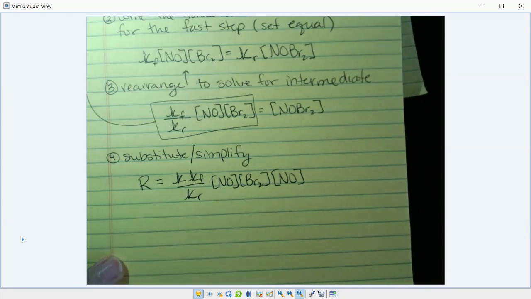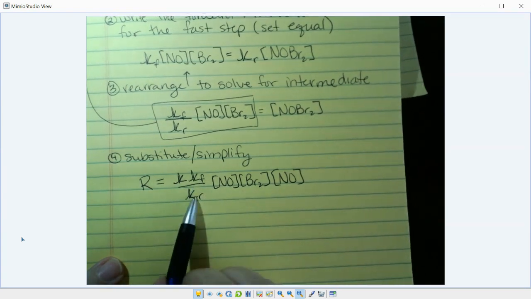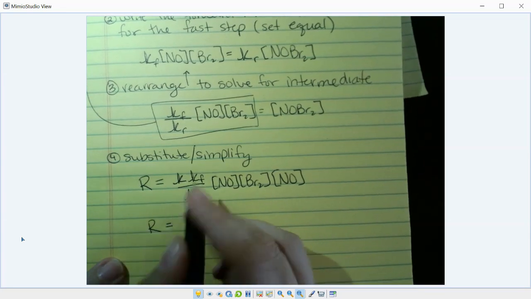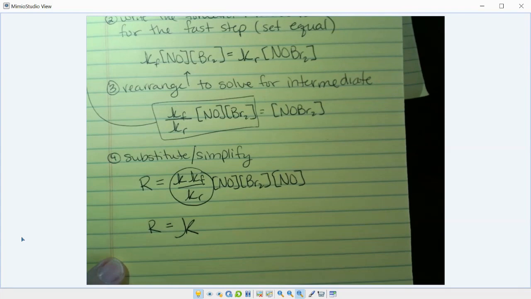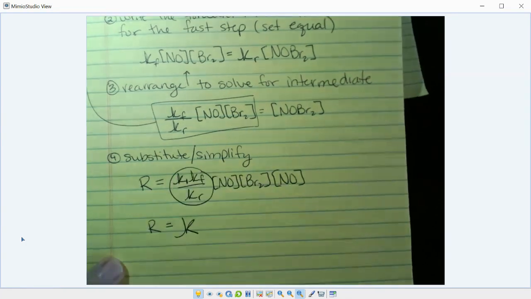Now we have some simplification to do. Anytime you have a constant times a constant divided by a constant, that's just another constant. So I'm going to simplify this whole thing and call it just K. So that's just new constant K. It's constant for the overall reaction instead of constant for the first step. I should have written that in there.